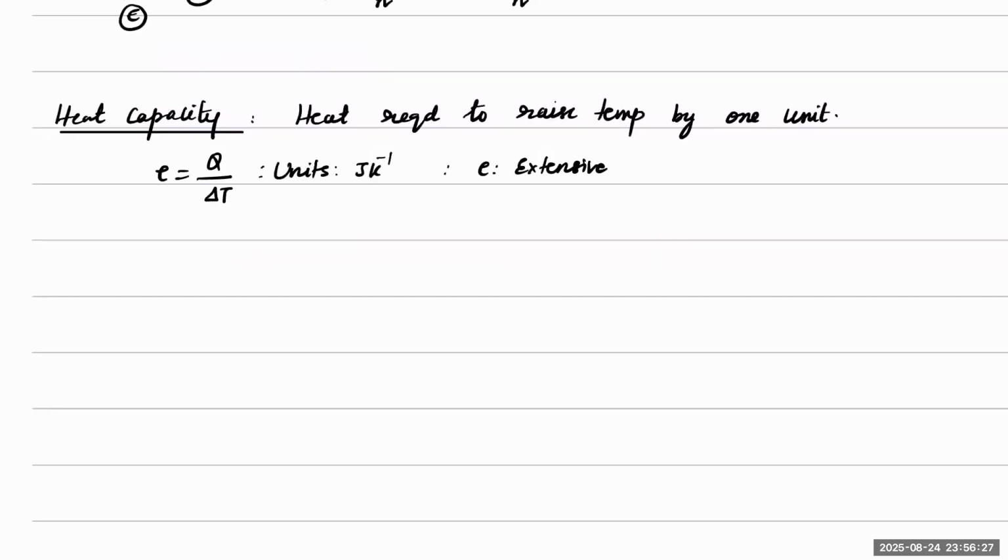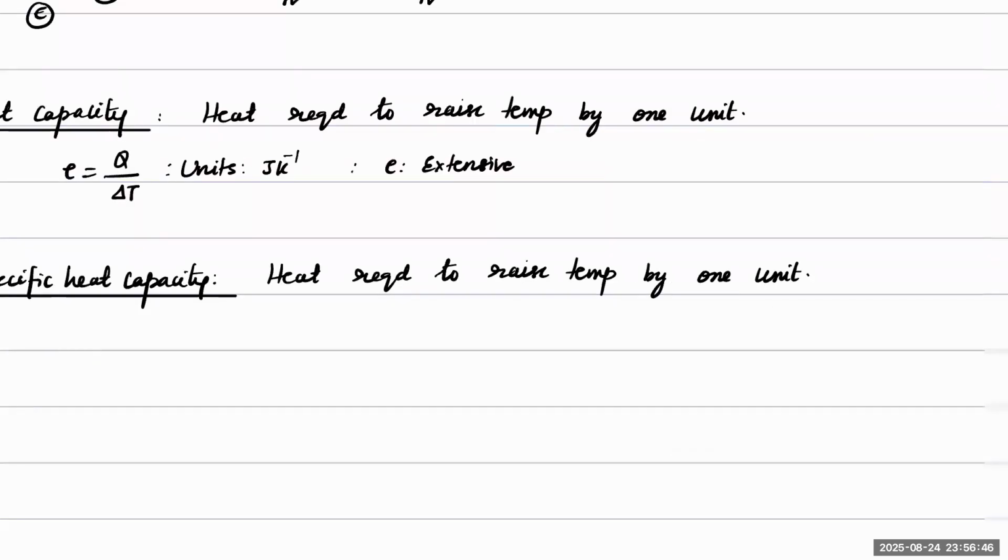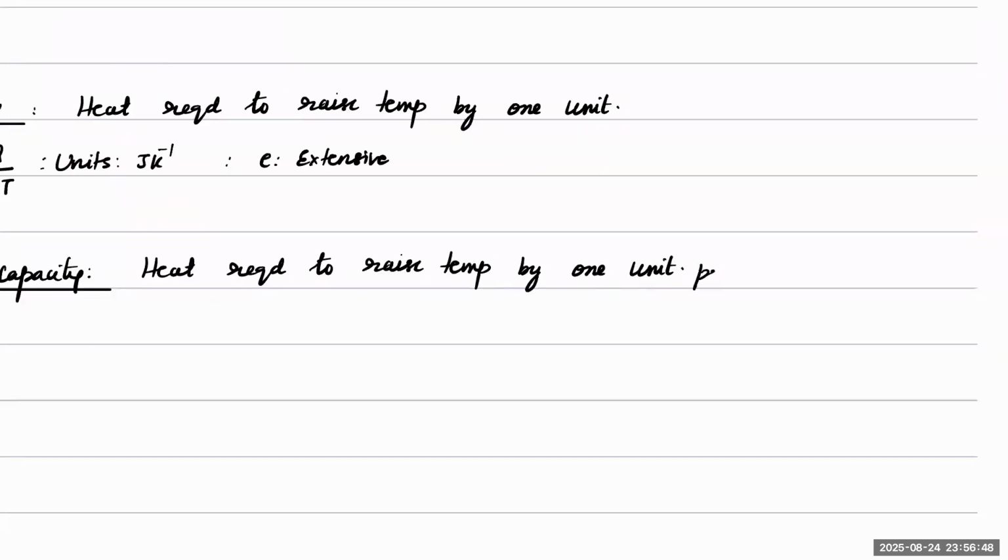But then we have specific heat capacity. This time the definition is the same, that is, heat required to raise the temperature by 1 unit per 1 unit of mass.